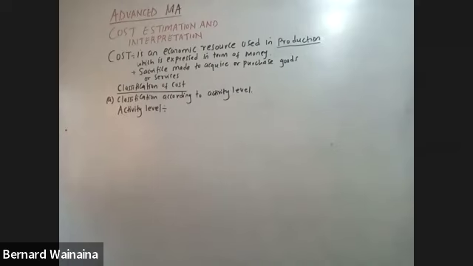So we are saying, when we talk about activity level, we are talking about the number of units produced and sold. So it measures the number of units produced and sold. And in short, we can call it productivity. So a measure of productivity. Productivity is the number of units that we produce and sell.